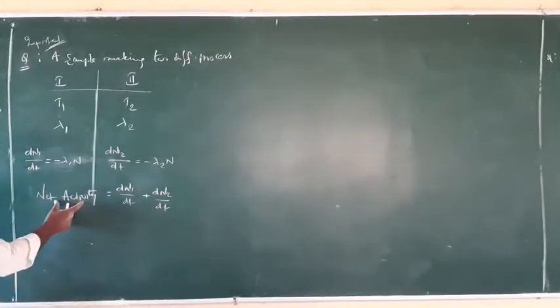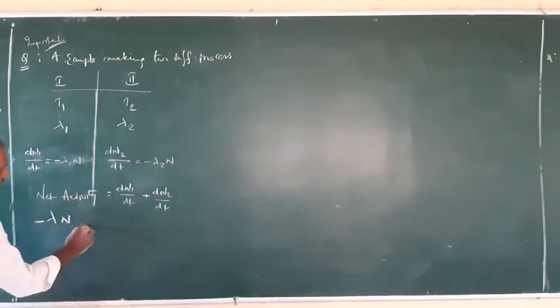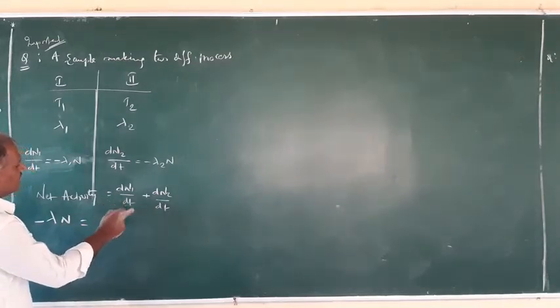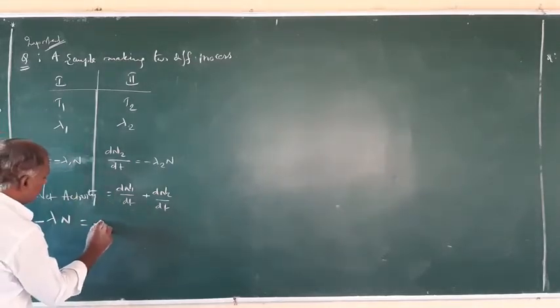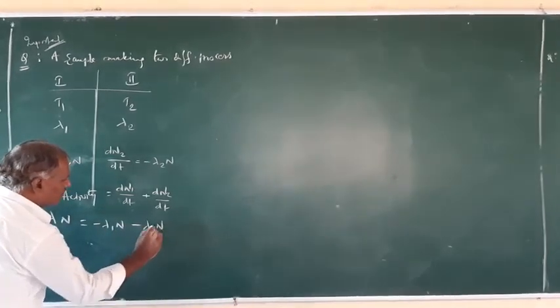So net activity is nothing but, the net decay constant is lambda, and the net number of nuclei will be, how many are there? N only. So it is minus lambda N, equal to dN1/dt plus dN2/dt, which is minus lambda 1 N minus lambda 2 N.